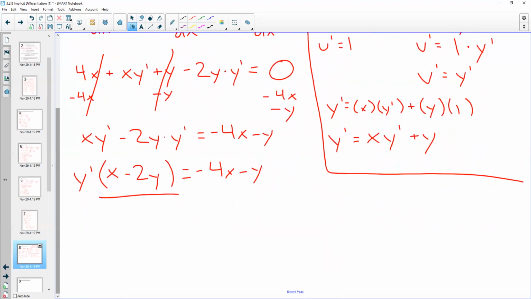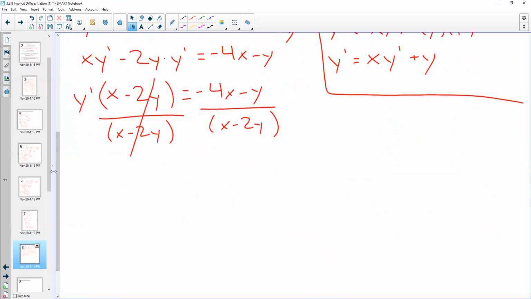And let's divide. Now we have y prime by itself. So y prime is equal to negative 4x minus y over x minus 2y. And you could factor out that negative on the numerator there, but you don't have to. I'm okay with that.